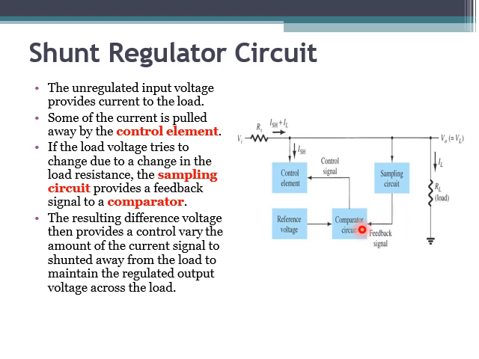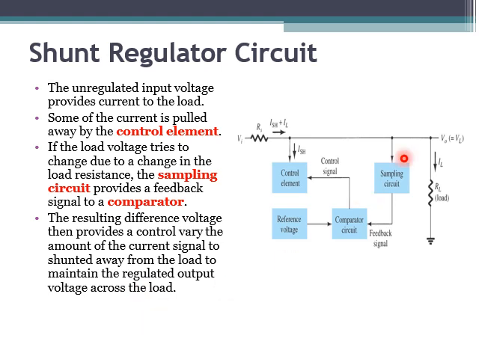So what will the comparator do? The comparator will compare with the reference voltage. Okay, what is the change in the voltage that occurred and what is the actual reference voltage? So the comparator compares and gives the output to the control element. The resulting difference voltage then provides a control and varies the amount of the current signal shunted away from the load to maintain the regulated output voltage across the load.